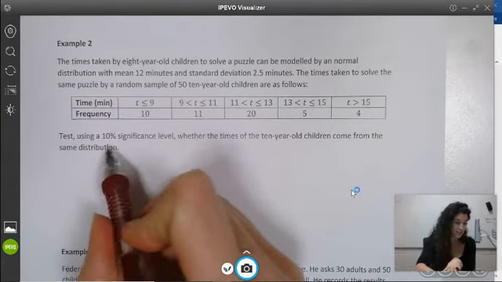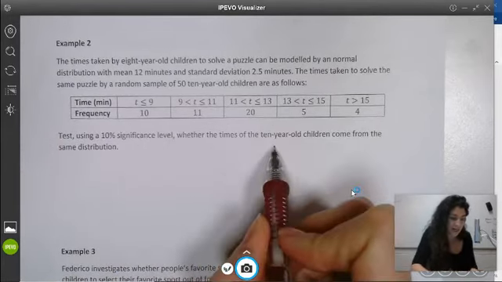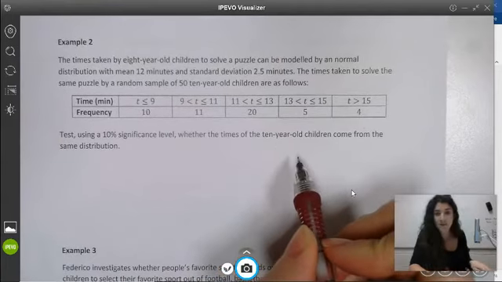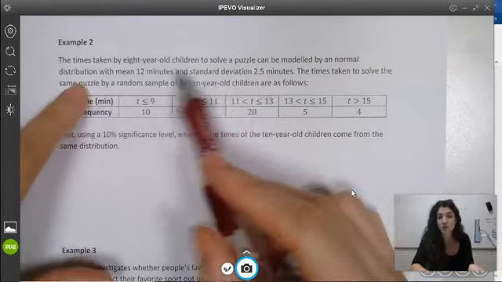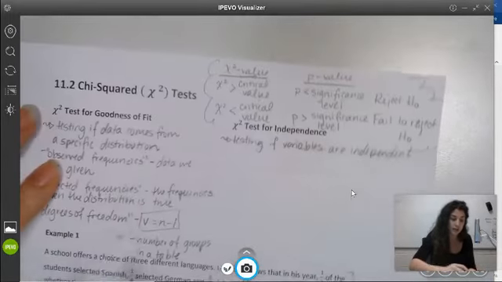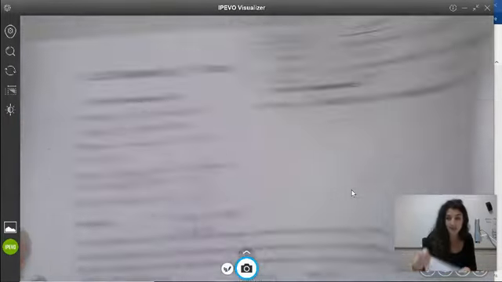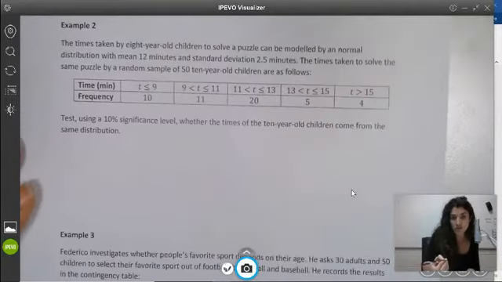Test using a 10% significance level whether the times of the 10-year-old children come from the same distribution. So we're trying to determine whether we follow this normal distribution. So this is your goodness of fit test. Does it follow the normal distribution that we talked about?